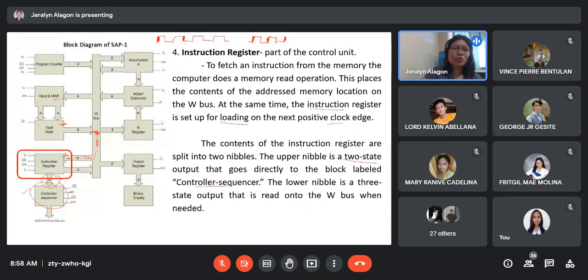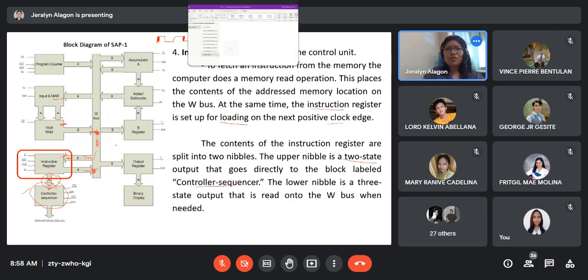The two-state output goes to the controller to be processed, while the three-state output is returned to the W bus, in case it is used by some other parts of the computer for that specific instruction.